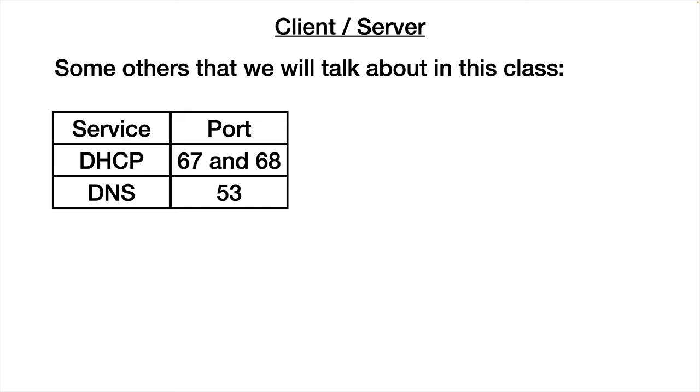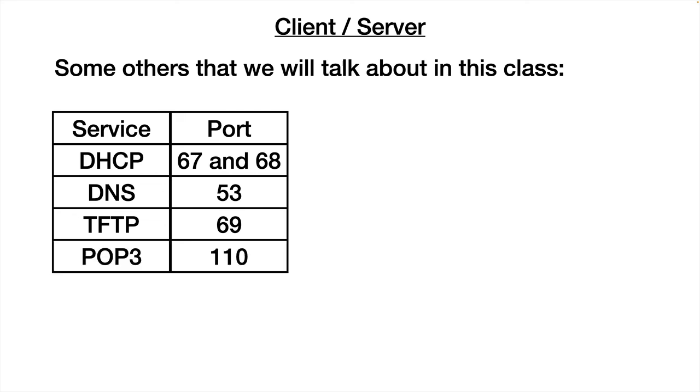We'll talk about DNS, which is port 53. We'll talk about Trivial FTP, which is a version of FTP that doesn't have any error checking built into it. That's on port 69.